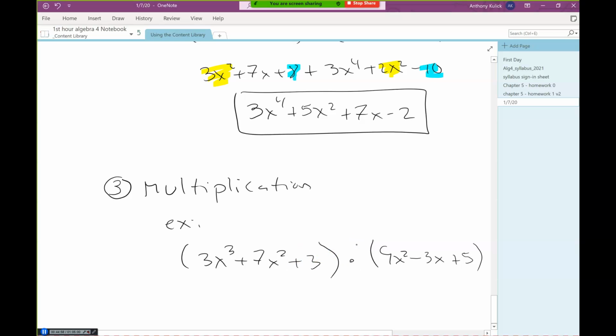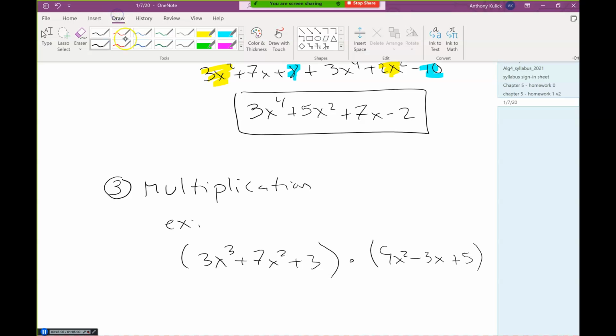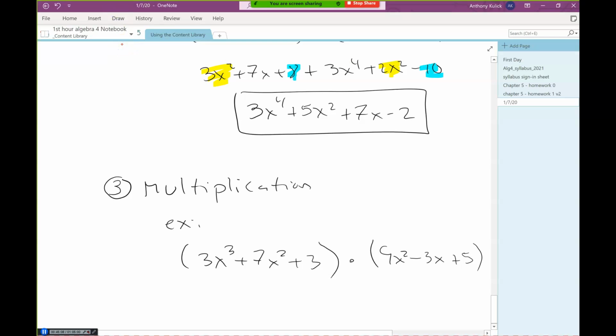Okay, so let's say we're going to multiply these two polynomials together. Now, we've done something that looks like this already last semester, right? When we had to FOIL out two binomials.